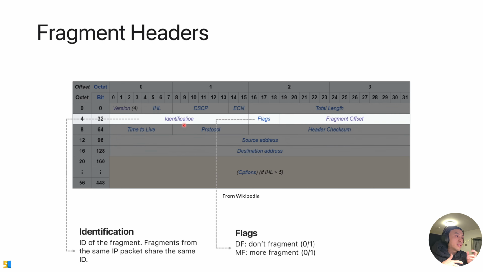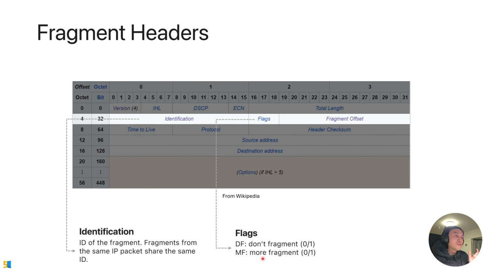Flags, it has two kinds of flags here, DF and MF. DF means don't fragment, and the value is 0 or 1. 0 means false, don't fragment is false. It means that the device supports fragmentation. If the value is 1, it means that the device disables fragmentation or doesn't support it.